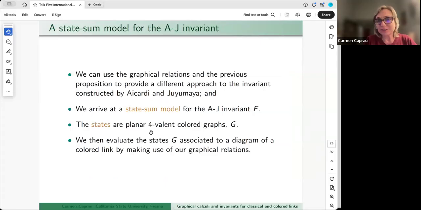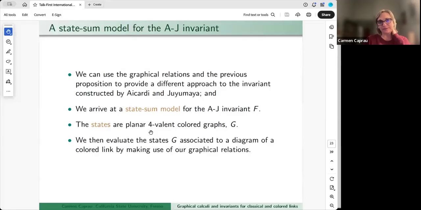So we can use the graphical relations, or the graphical calculus, it's only one, and the previous proposition to provide a different approach to the invariant that Aicardi and Juyumaya constructed. And equivalently, that gives us a state-sum model for the AJ invariant.